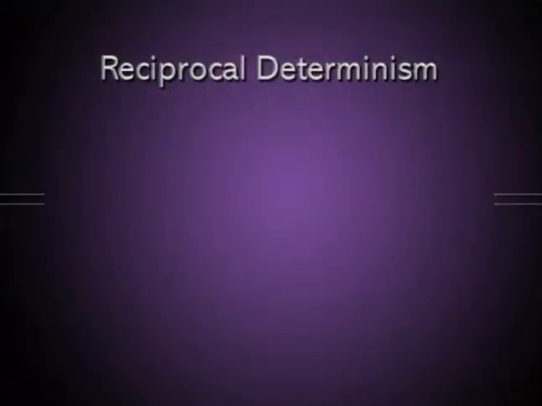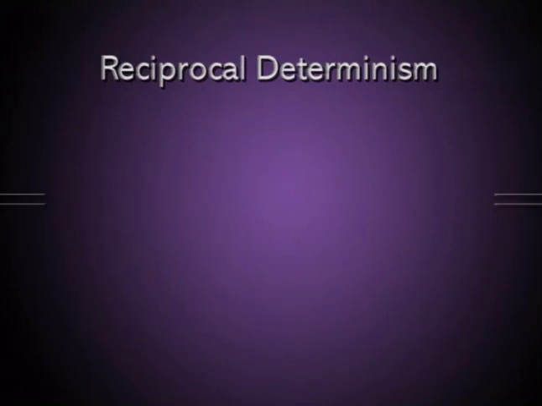And so Bandura discussed an important concept to try to explain this self-efficacy and how it influences development and our learning. And he explained another concept that's intimately related to self-efficacy. This is the concept that he called reciprocal determinism.